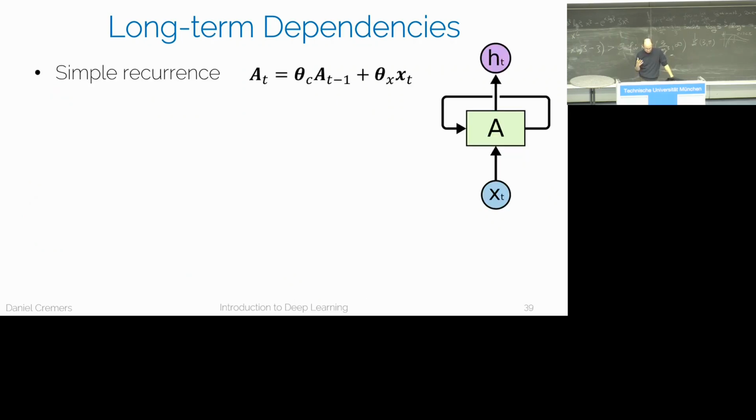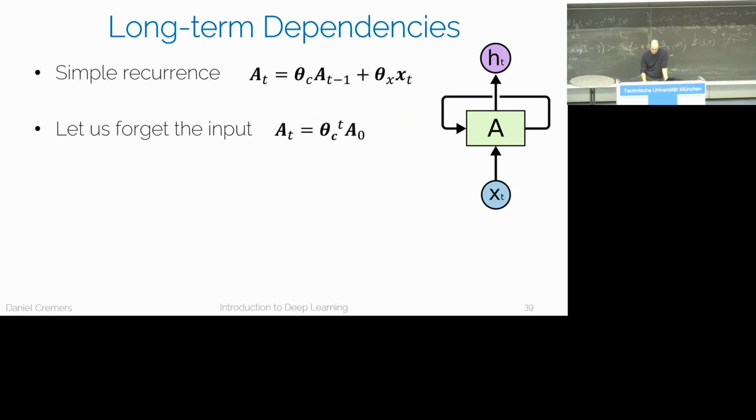So the question in processing time series is how to capture long-term dependencies. Now, let's forget the input for a moment. As you see, the state at time t depends on the previous state and the input at time t.